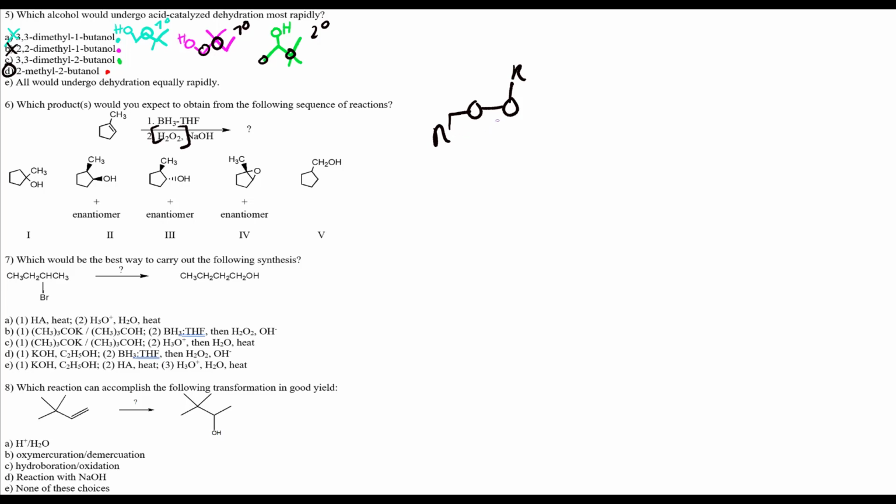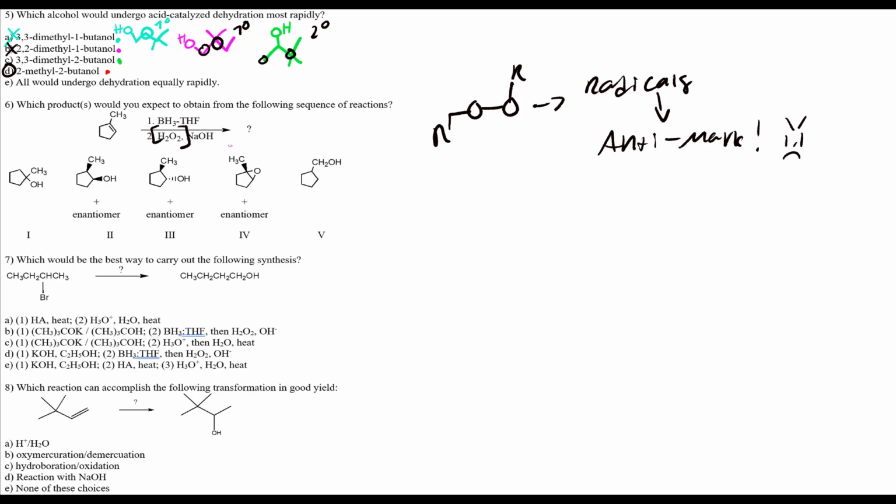And the most important thing that you need to know is that they do radicals, and these radicals actually make us do anti-Markovnikov. Anti-Markovnikov. Oh, that's cute. Okay. Well, we're doing hydroboration, anti-Markovnikov, syn addition.